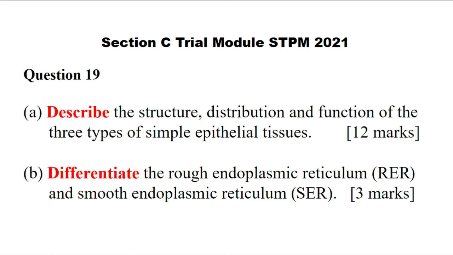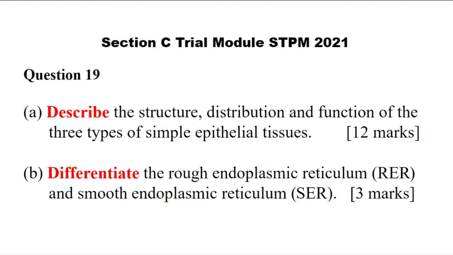As stated in the question paper, question 19 consists of two subunits, A and B. For your information, I modified the question for B and also the allocation of marks. The main keyword for 19A is describe and 19B is differentiate.